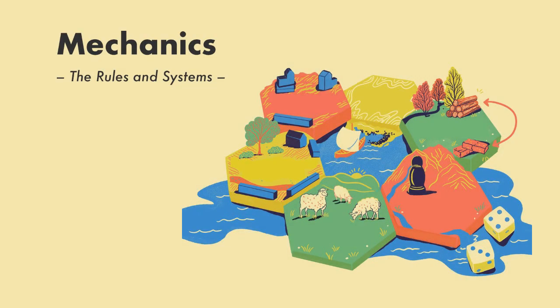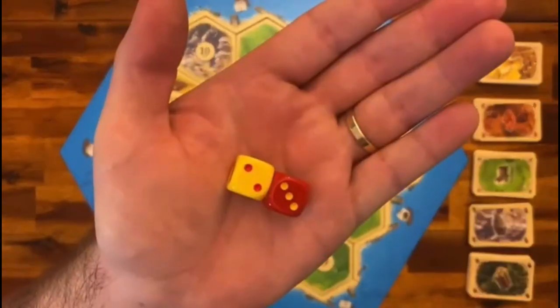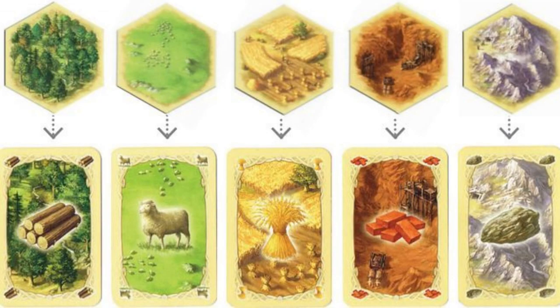In Catan, players take on the role of settlers, trying to build and expand their colonies on an uninhabited island. Each turn begins with a dice roll that determines which hex tiles produce resources, such as wood, brick, wheat, ore, and sheep.